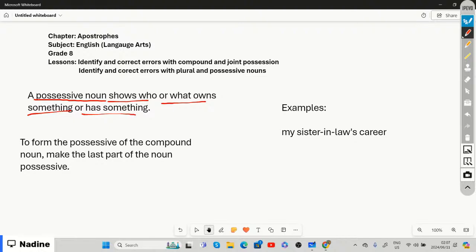So instead of saying mine or yours, because those are pronouns, when it comes to nouns, let's say, for example, Gina has a beautiful bag. If we're referring to Gina's bag, then we say it is Gina's bag, and we need to add the apostrophe, because now it means that it belongs to Gina.